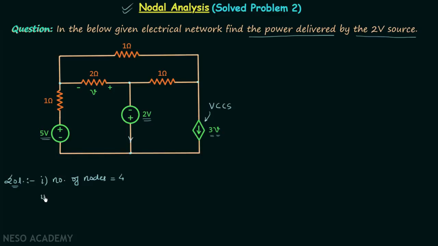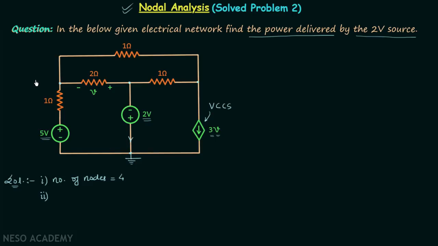Now we will proceed to step number 2, in which we will assign the node voltages and choose the reference node. We will take this node, that is the bottom node, as the reference node, and therefore we will ground this node.